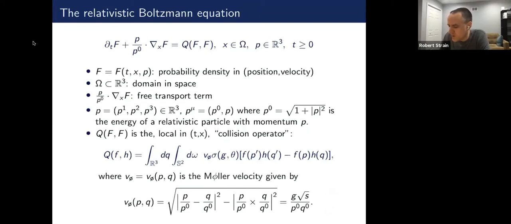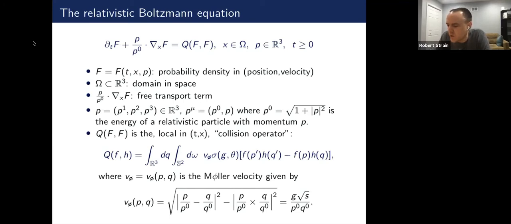So it becomes the square root of the absolute value of p over p0 minus q over q0 squared, minus the cross product of the same two quantities squared. That's part of the kernel of this integral, which helps you measure how the amount of particles changes in a small cubic centimeter, say, of a gas.